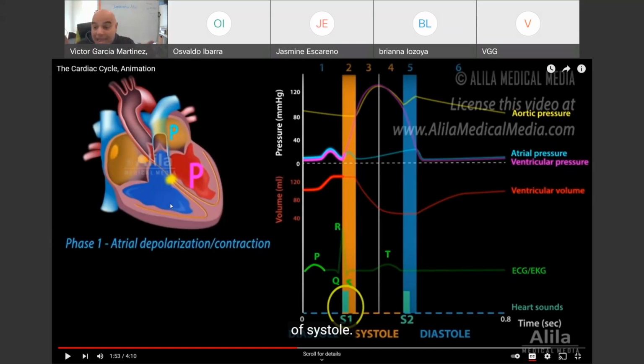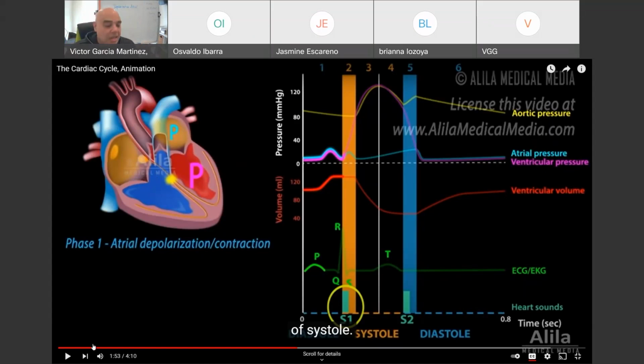Then at the end of this systole, of the contraction of the atria, we're going to have closing of the valves, and this closing of the valves is the S1. If you remember, the sound of the contraction of the heart is lup-dup, lup-dup, lup-dup. The first lup is going to be because of the closing of the AV valves.